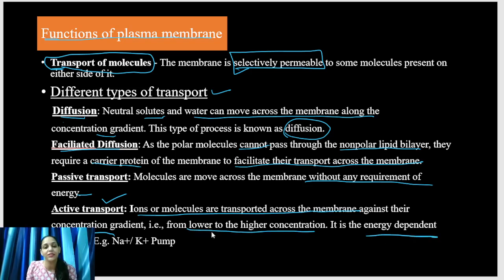It is energy dependent transport. Obviously हमें पता है जब हम अपने लेवल से बड़ा कुछ करते हैं तो हमें एनर्जी चाहिए ही होती है. तो लो टू हाई में जाने के लिए उनको एनर्जी चाहिए. And the example is sodium potassium pump. ये हम आगे डिस्कस करेंगे.